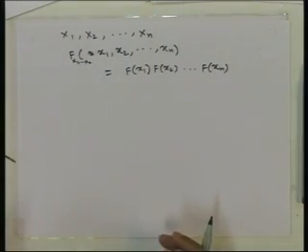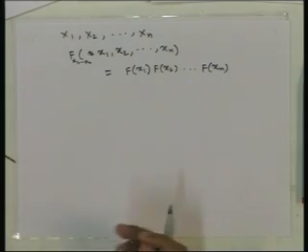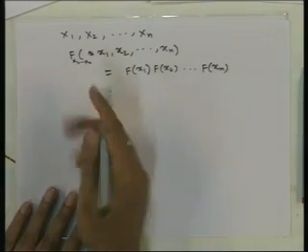The value of one random variable is not influenced, the probability of x1 being something is not influenced by what happens to the other random variables. It is basically that.